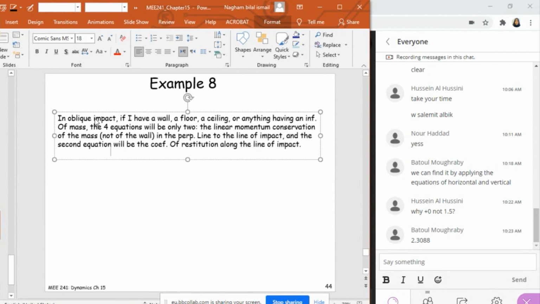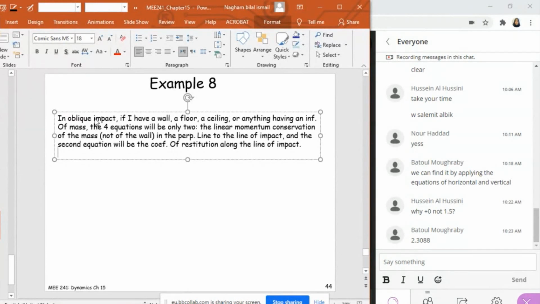Alright, guys? So if I have a wall in oblique impact, the two useful equations are the coefficient of restitution along the line of impact, like we did for the central impact, plus the linear momentum conservation of the mass that is striking the wall in the perpendicular line to the line of impact.